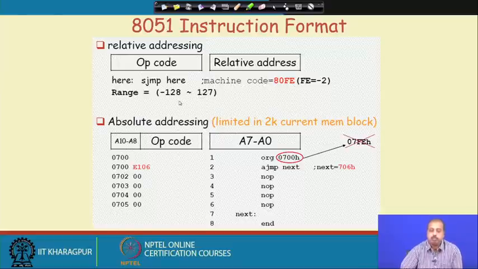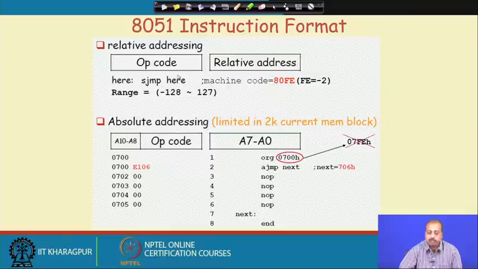So you can jump within 256 locations from the current location: you can go back a maximum of 128 bytes and come forward at most 127 bytes. If the machine code is 80 for this SJMP, the relative address may be -2. So -2 is coded as FE.